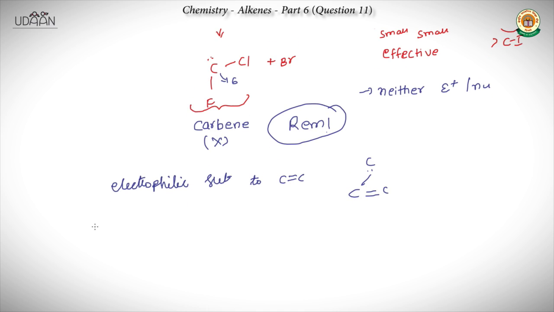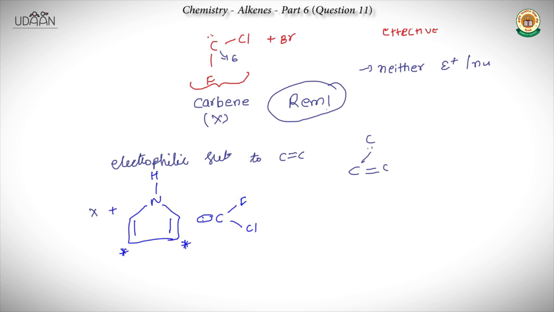For the second reaction, you have X made to react with this molecule. These are isotopes of carbon, and you have hydrogen or nitrogen. Now, the carbene which you have is CFCl, and you have this one.